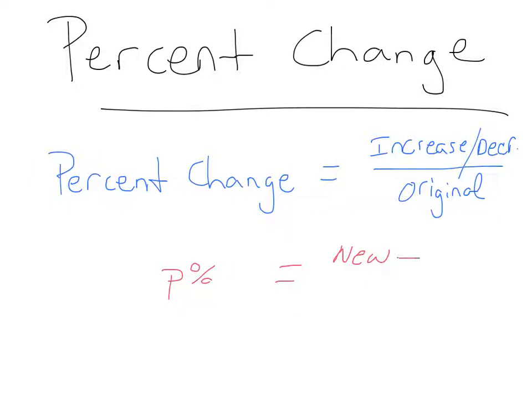If you find the difference between the new and the original, that's going to be your increase or your decrease. And that idea, when you find that difference, is going to be divided by the original number. Pretty easy. Let's do an example.